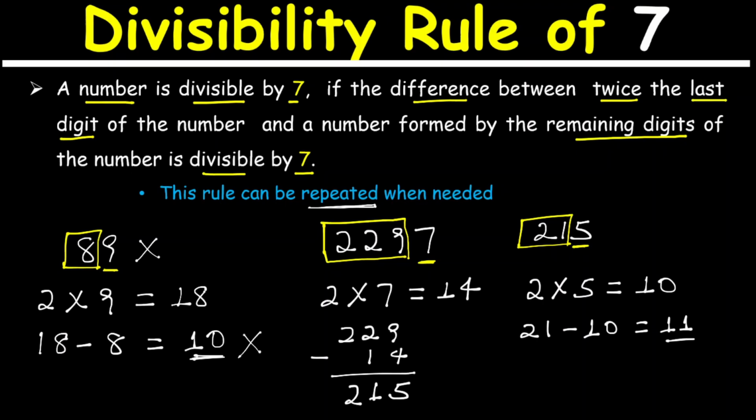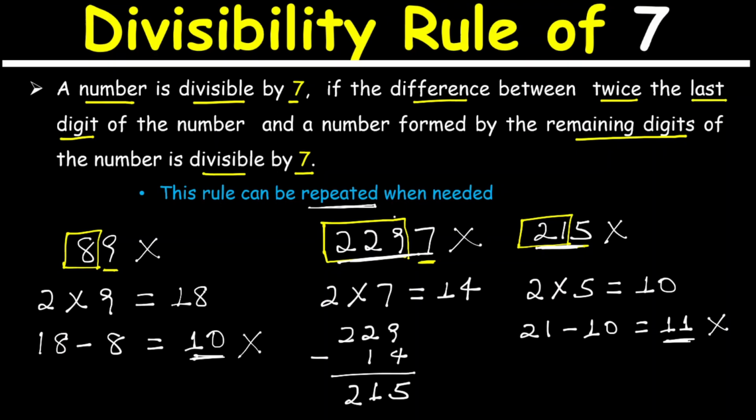We know that 11 is not divisible by 7 because 11 divided by 7 is 1 and it has a remainder of 4. Therefore, since 11 is not divisible by 7, the number 215 is also not divisible by 7. Since 215 is not divisible by 7, the original number 2297 is also not divisible by 7.